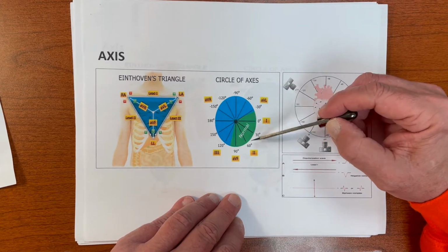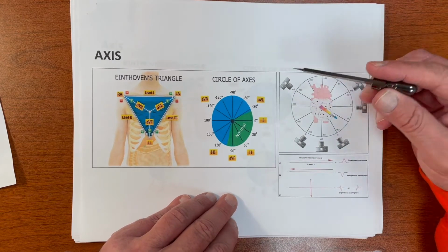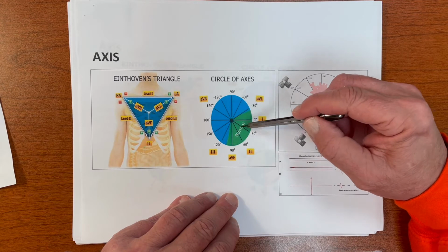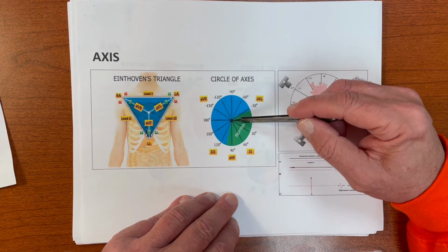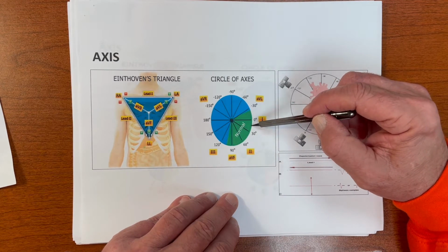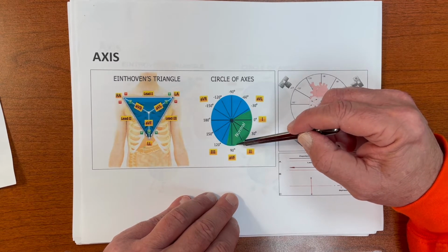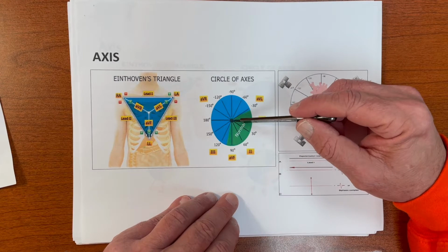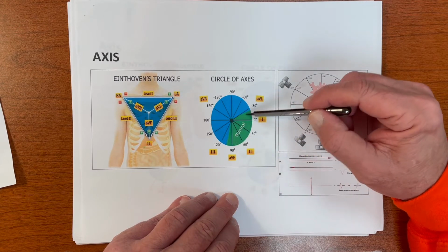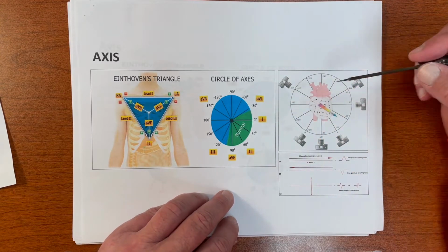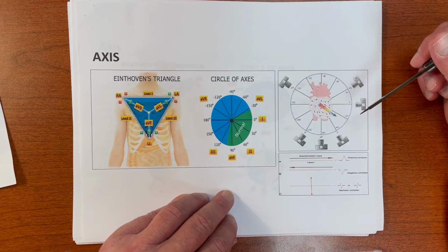Nobody cares if it's 60 degrees or 30 degrees. No one's ever going to ask you, was it 32 degrees or 30 degrees? Was it 60 degrees or was it 82 degrees? All they want to know is, are you in this area between 90 and 30? That is AVF and AVL being your boundaries, okay?